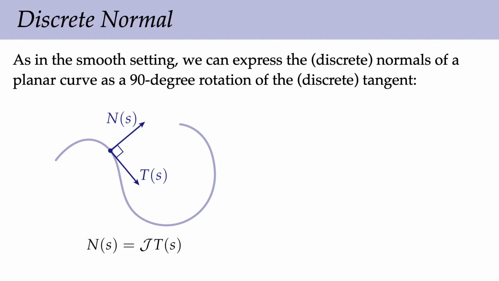Okay, so then in the discrete case, same story. I have my discrete tangents, just a unit vector associated with each edge. I can rotate those by 90 degrees, counterclockwise, let's say, and I get my unit normals for edges. I still don't have any notion of normals at vertices, right? But I at least know what this means for edges.